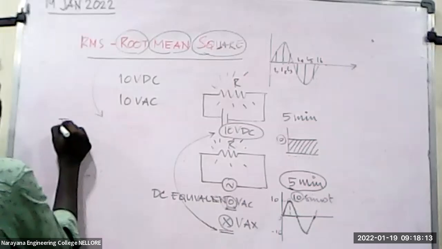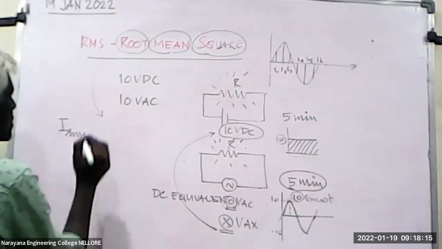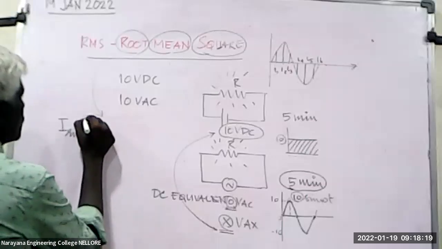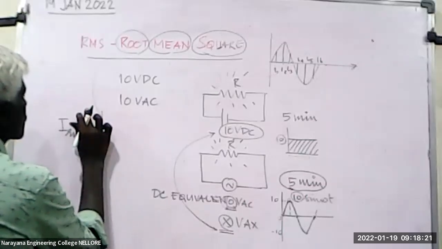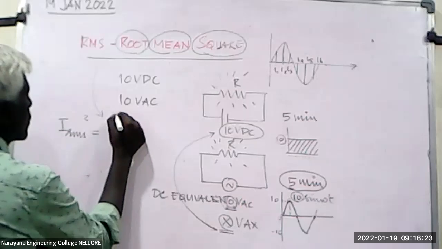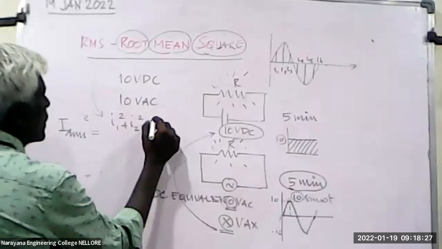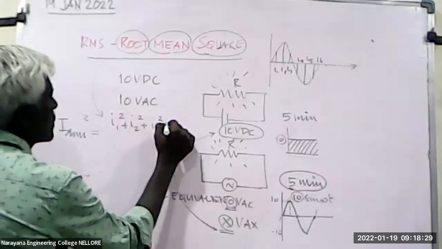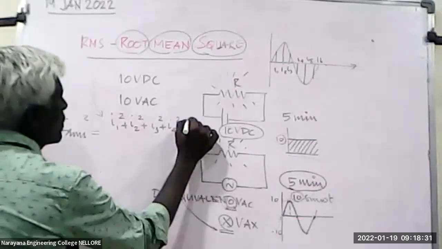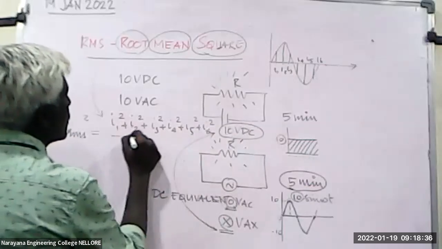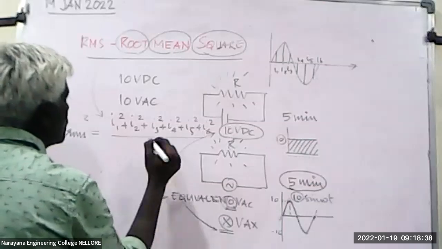So IRMS squared is equal to I1 squared plus I2 squared plus I3 squared plus I4 squared plus I5 squared plus I6 squared, divided by the number of samples.